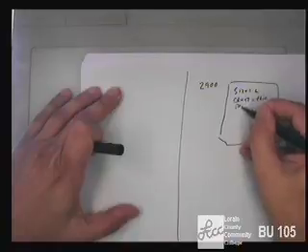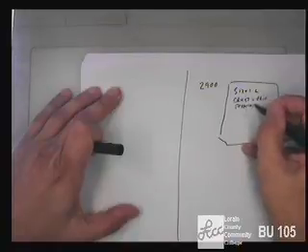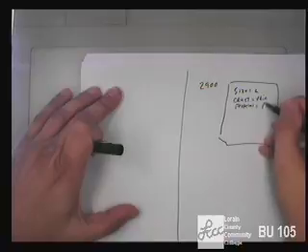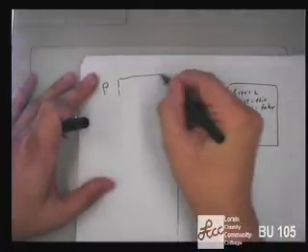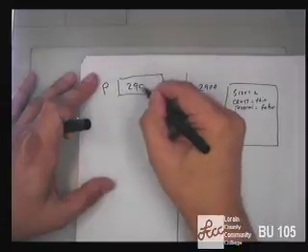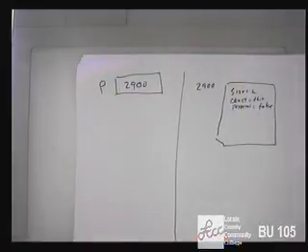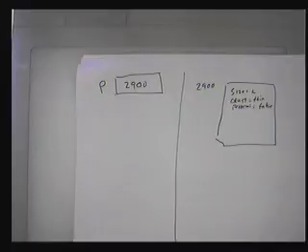And pepperoni equals false. And P points to that. So, after the first line executes, that's what we have.